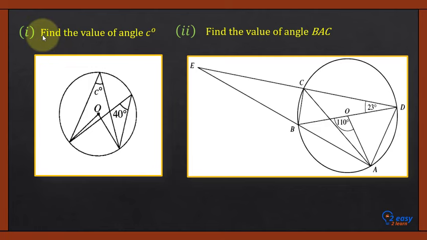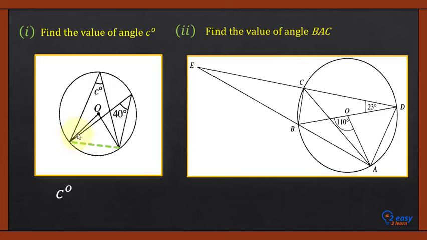Question number 1. Find the value of angle C. This is angle C and it is on the circumference of the circle. If you trace back this angle, these are the two points and this green line is called the chord of this angle.